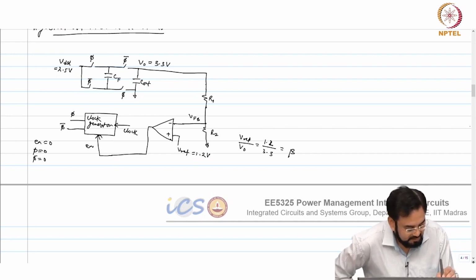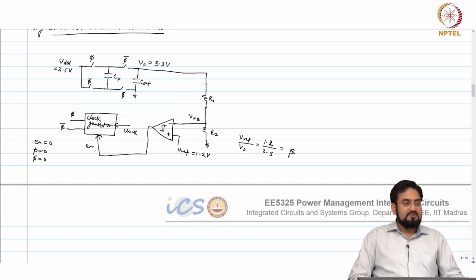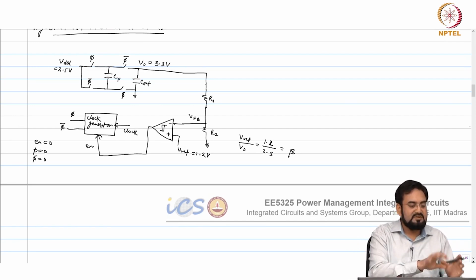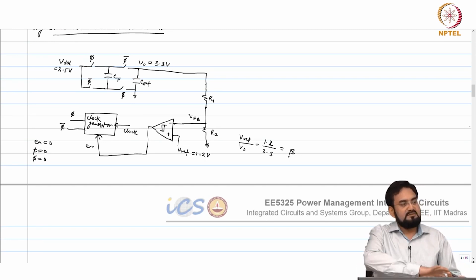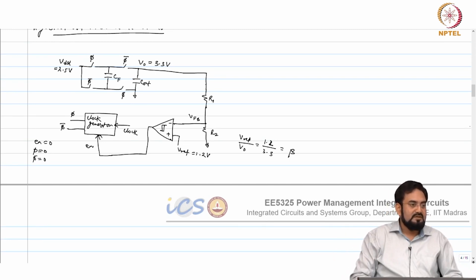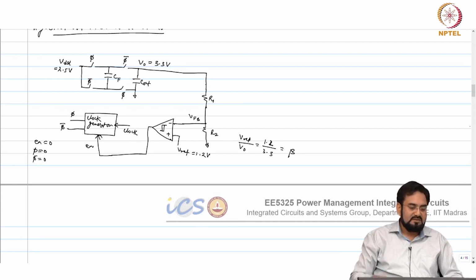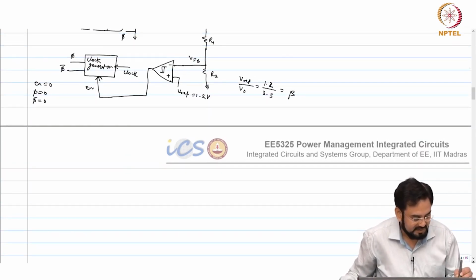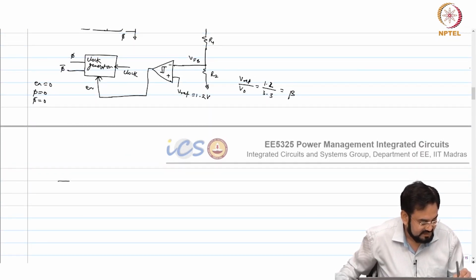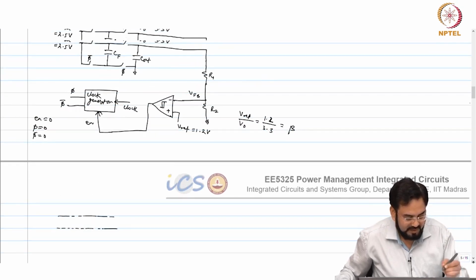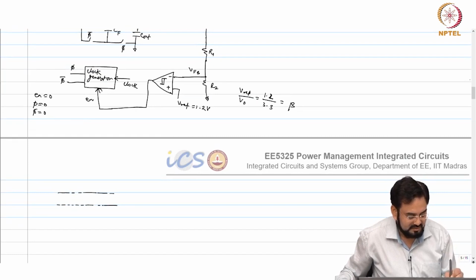And this is hysteretic comparator. So, now define a window. If it goes above that, it will start switching and it will transfer the charge to output. Okay, if it is below that, so remember the hysteretic converter. So, now my output required is 3.3 volt.